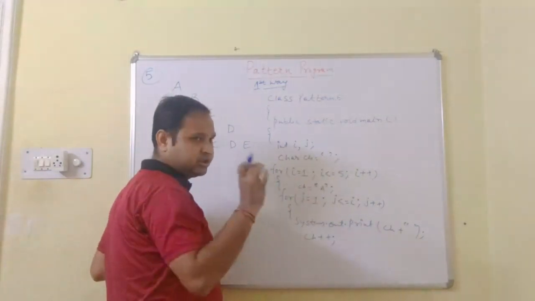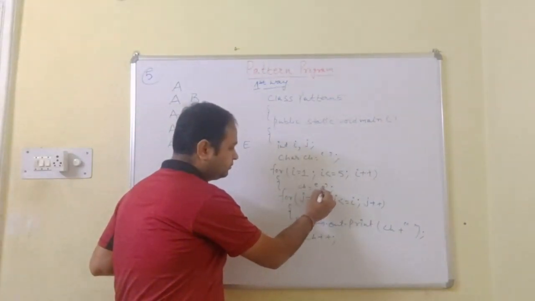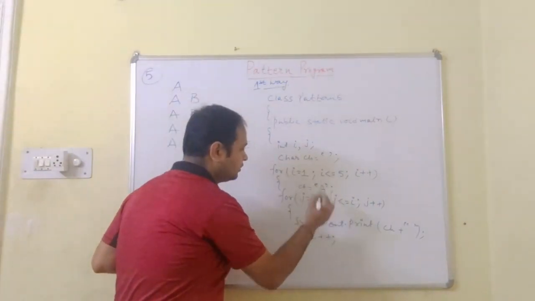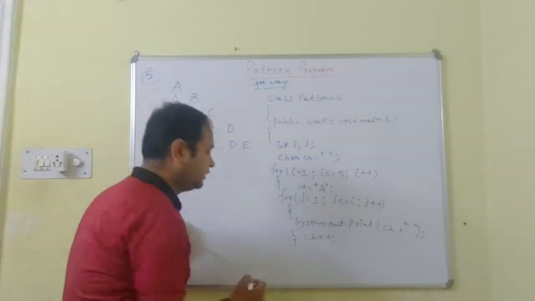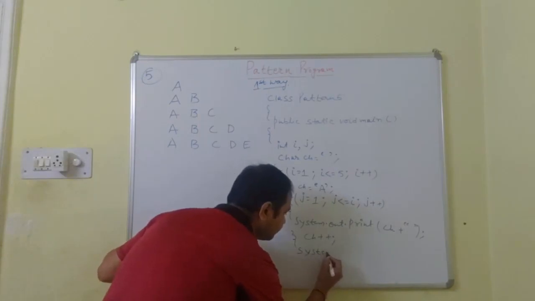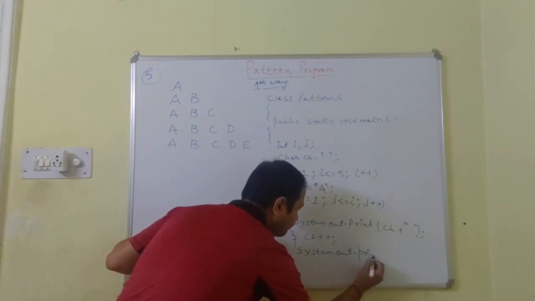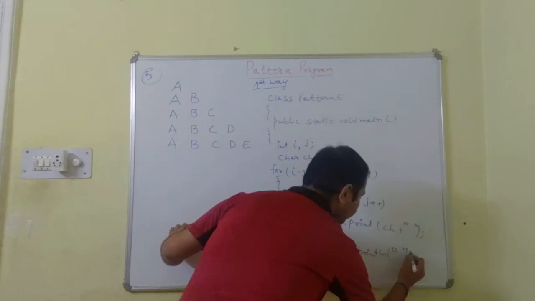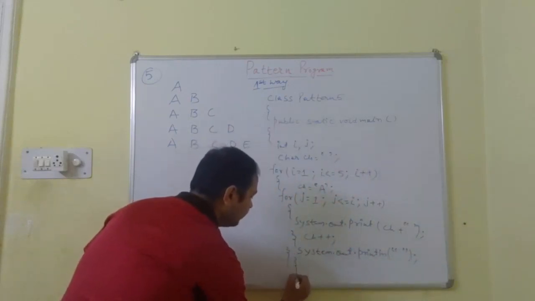The initial value of each row is a, so we write here ch equals to a. Then close the inner loop. Then you write System.out.println. Then close the outer loop, main method, class.